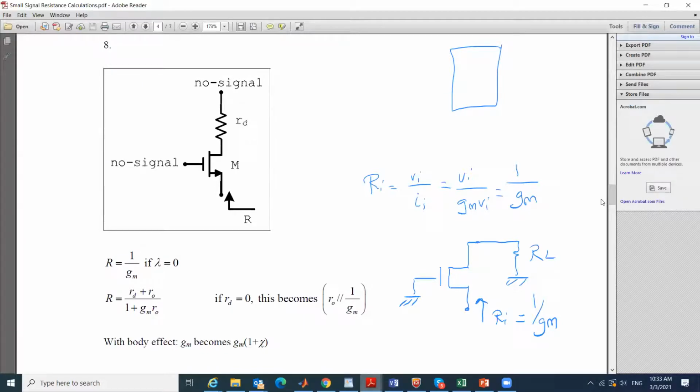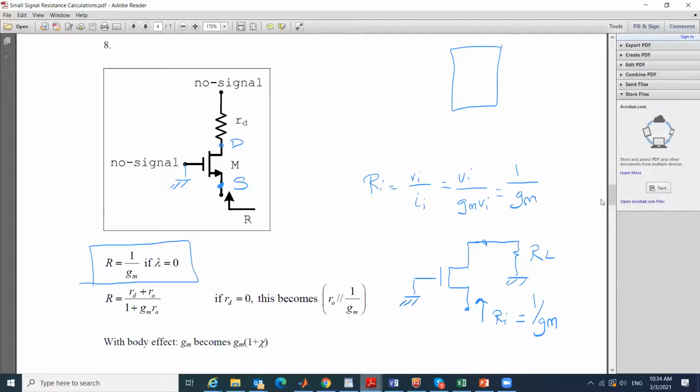Rule number 8 says that if I'm looking into the source of the transistor with some resistance RD, here we have RL, at the drain, and with the gate grounded, and I don't have RO, meaning lambda equals 0, R is 1 over Gm of this transistor.